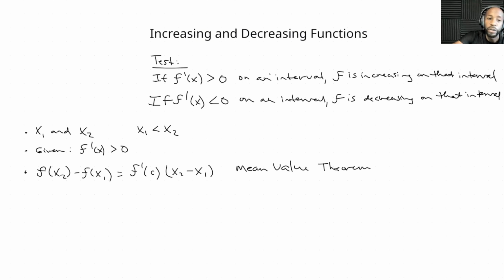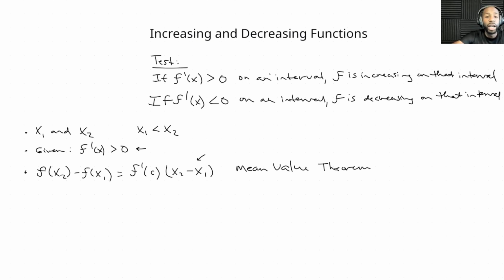So f of x2 minus f of x1 is equal to the first derivative times x2 minus x1. Consider this. We've been told that the first derivative is greater than zero. Also, x2 minus x1 is greater than zero. Why? Because we know that x1 is less than x2, so x2 minus x1 also has to be positive.